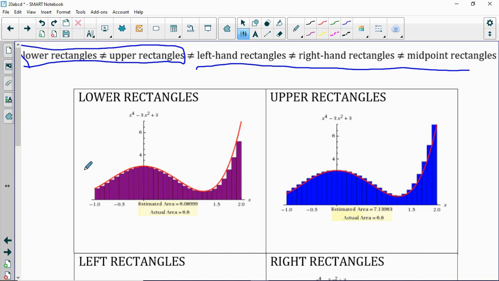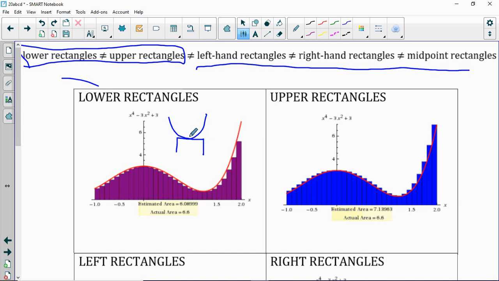So we see here in the first example, I've drawn lower rectangles, which over here on the left side connect at the left endpoint because the function is increasing. Over here, they connect at the right endpoint of each rectangle because the function is decreasing. Somewhere like over here, it's possible, though not a guarantee, that the function is reaching a minimum somewhere in the interval for the rectangle.